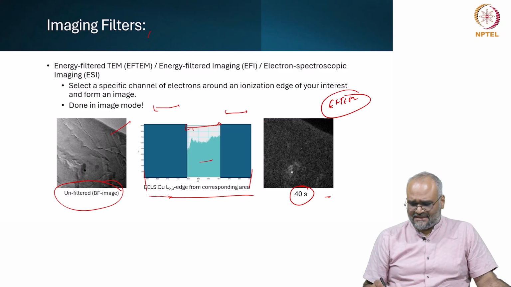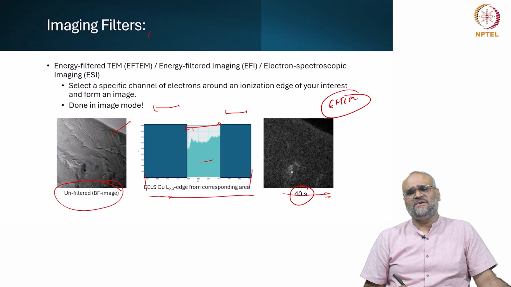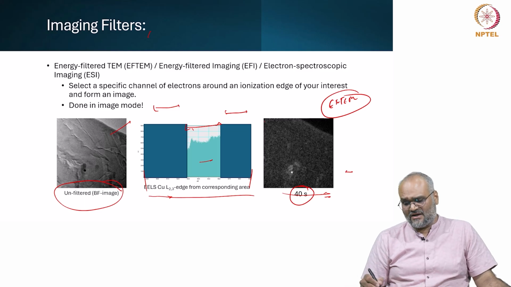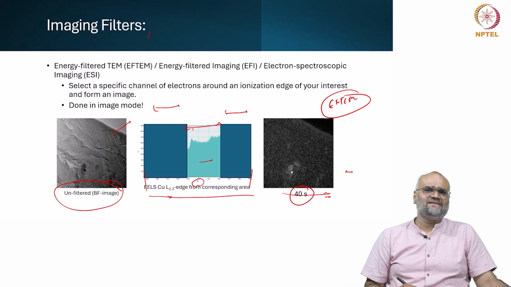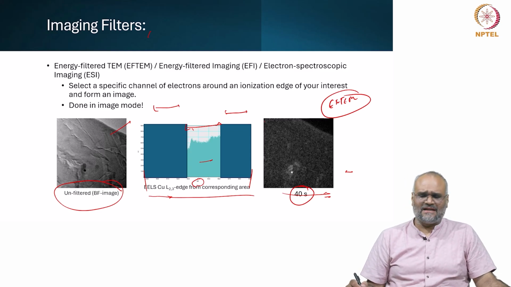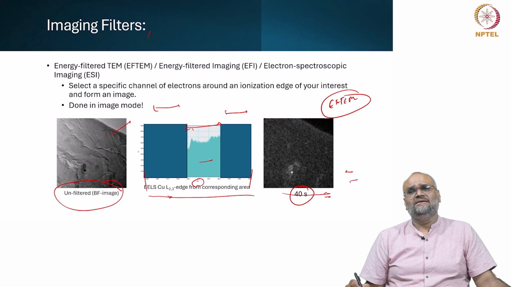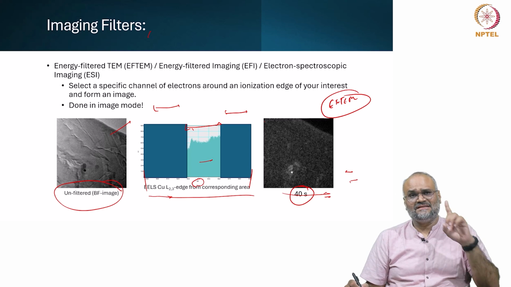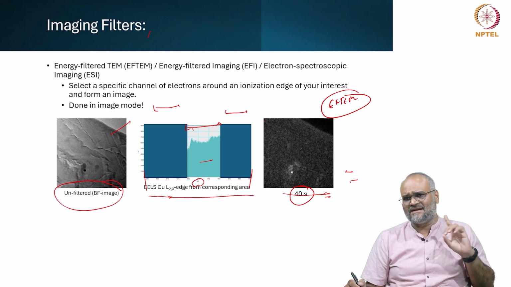I can also get energy filtered TEM imaging, and typically the spatial resolution of this depends on which energy window I am looking at. So if I am looking at only the zero loss or the low loss spectra, I can even reach atomic resolution imaging with EELS as well. That is when I am looking at only the elastically scattered electrons.